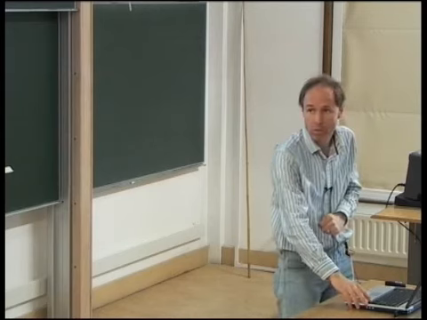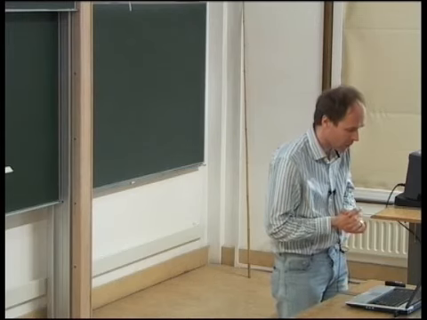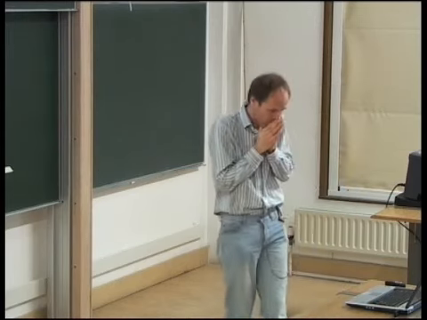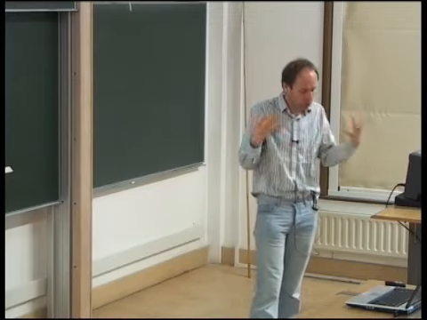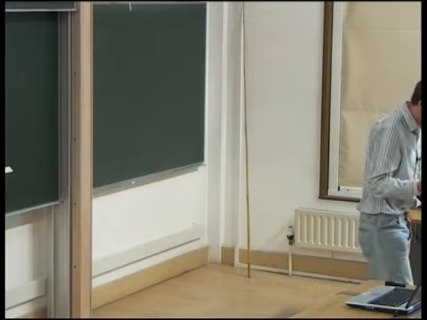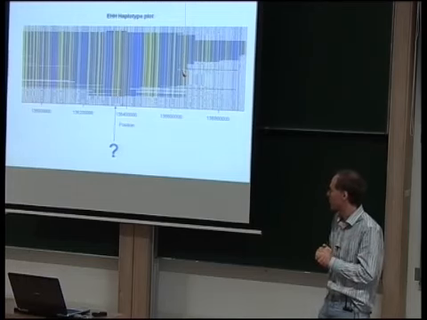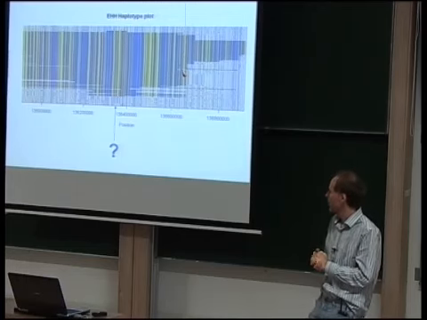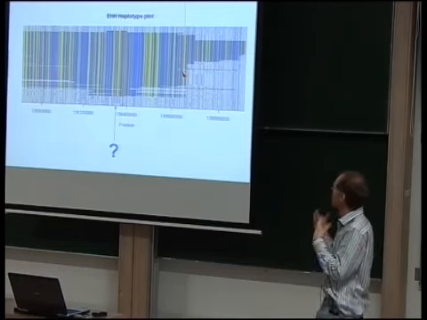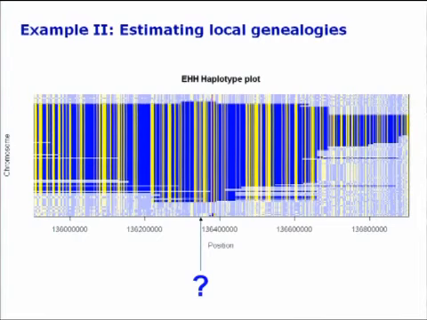Okay, so I'm going to spend the last 20 minutes talking about something slightly different, but also related to this notion of breaking up your data into small sets and combining inferences, which is the question of estimating local genealogies, and motivated by this picture.